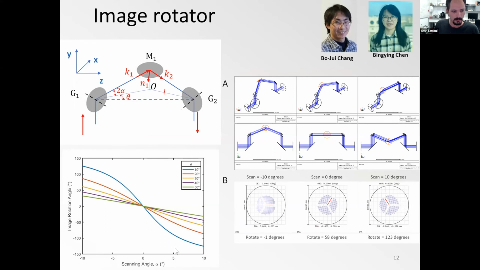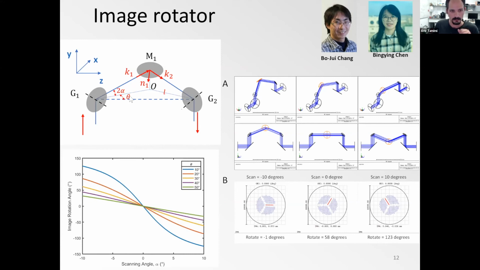You could come up with a solution that also would run with other angles. Here, this 2 alpha is the optical angle. So alpha is the mechanical angle of the mirror, and the optical angle is twice as much. Depending on how you choose the geometry, so the opening angle of the galvos, these lines show the resulting image rotation. I would say you would need at least practically maybe ±5 degree mechanical.